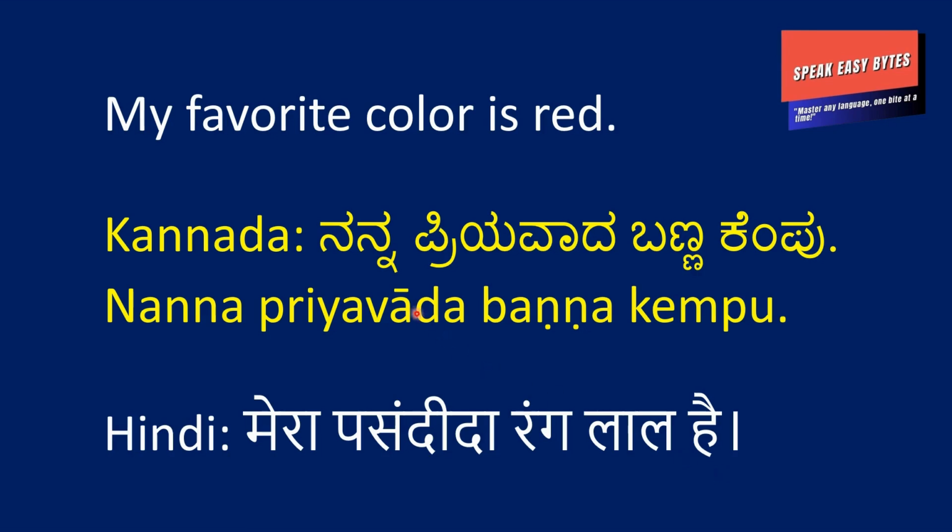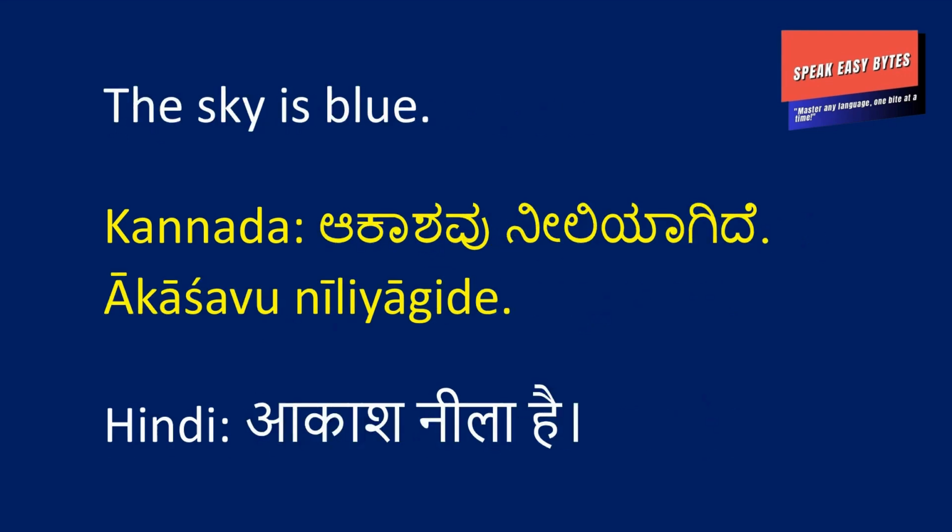Nanna priyavada banna kempu. The next sentence is, the sky is blue. In Kannada they say, Akashavu Neeliyagide. If you see here, above A there's a line. When the line appears, it means A sound.